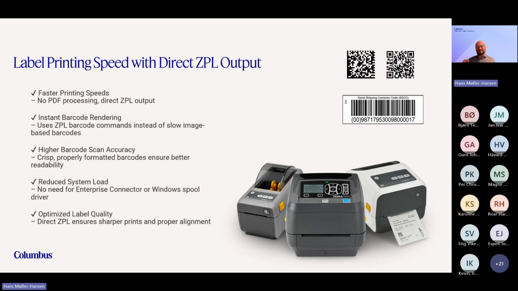But it also means that the data we're sending is not an image of the barcode, but it's actually a command that tells the printer how to print this barcode. And then the printer knows how to do that. And that gives you, first of all, reduced time to do the print, but it also optimizes the quality of the printout. The barcode is sharp because the printer is generating the barcode.